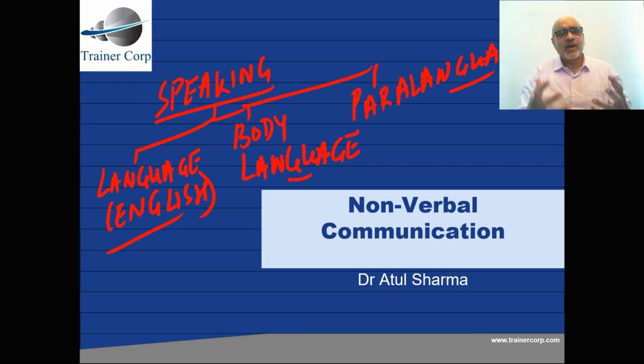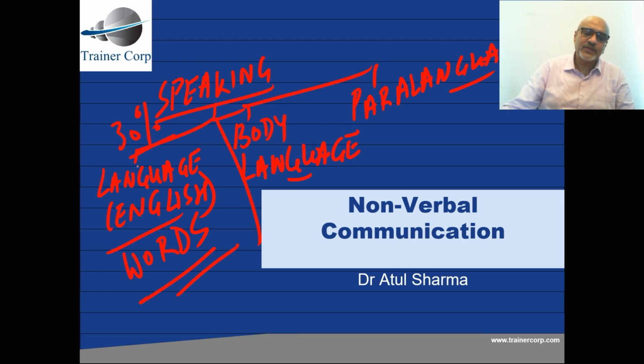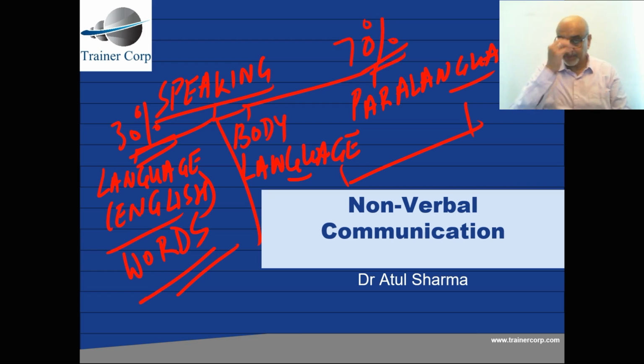And this is what has the greatest impact in spoken or oral communication. So, oral communication gets its power from three languages, one being the actual language, words. This is the only part where words are being used, and this may be about 30% impact in speaking. And this part where we use these two languages, body language and para language, would have 70% impact.